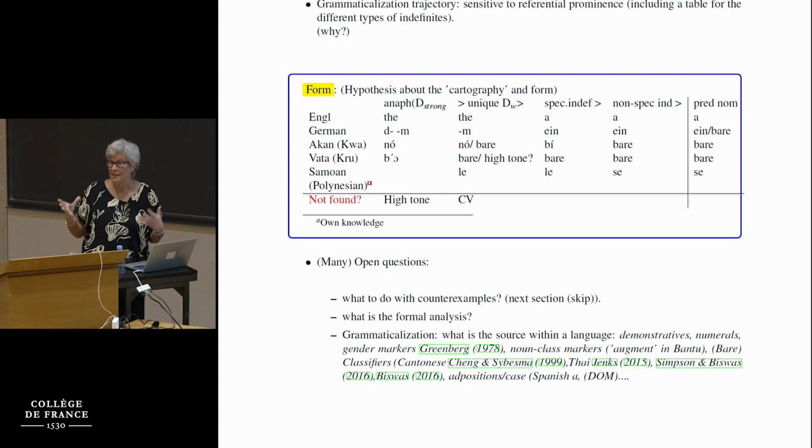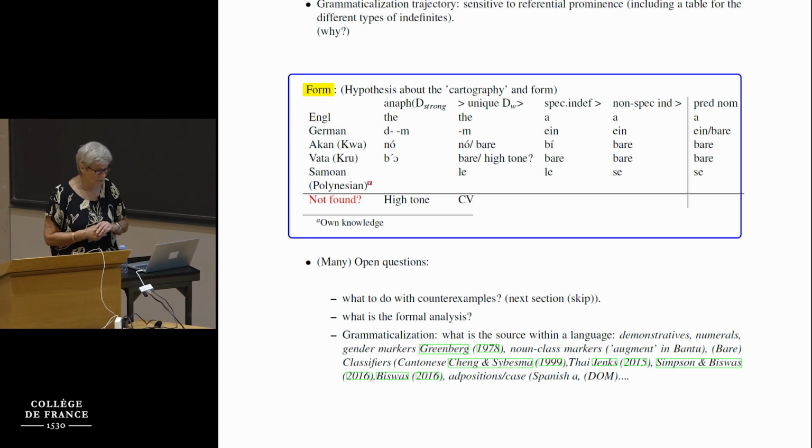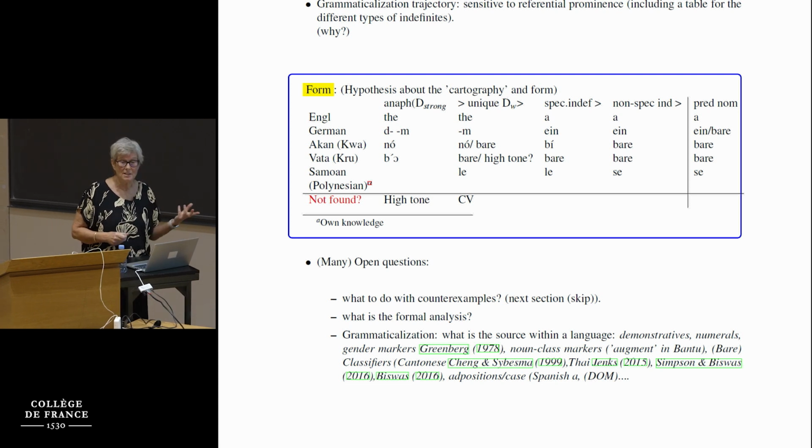You have classifiers in the Southeast Asian languages, like Cantonese, which has a bare classifier that is now used to express anaphoric definiteness. Same for Thai, as Peter Jenks has shown, and Bangla.